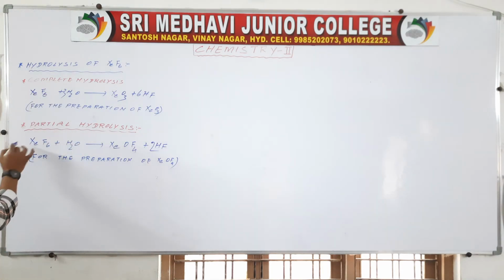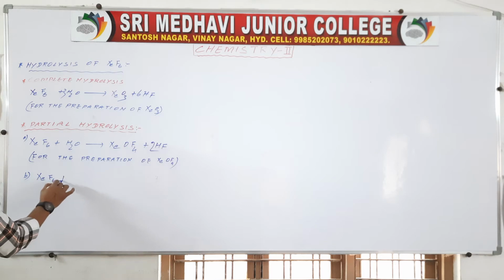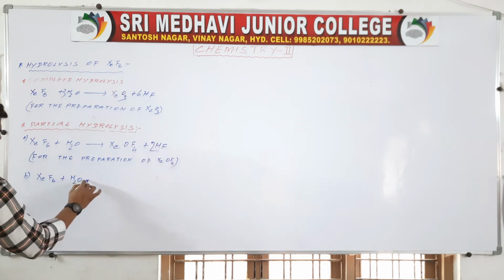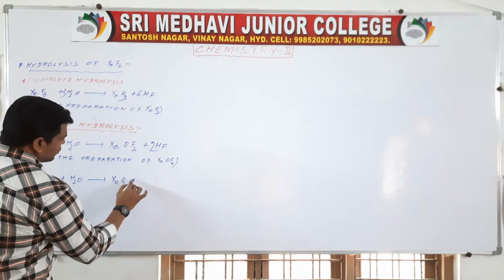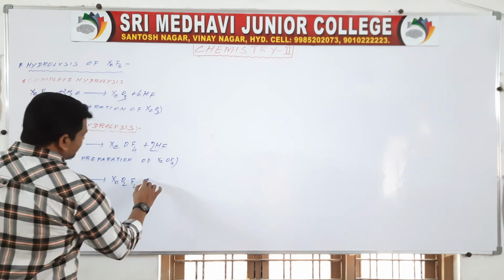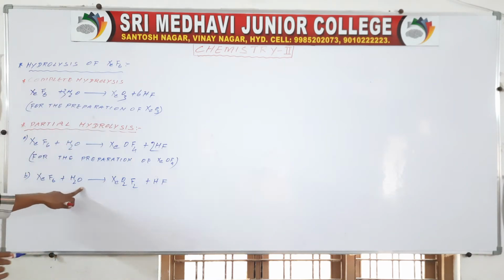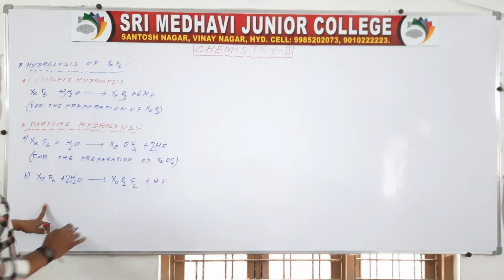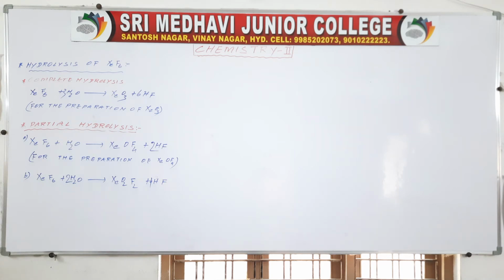Okay. So then one more reaction. It is a partial hydrolysis. It is a first one and a second one. XeF6 plus H2O gives XeO2F2 plus HF. If you take 2 for O2, then if you take 4, so 4HF is formed.